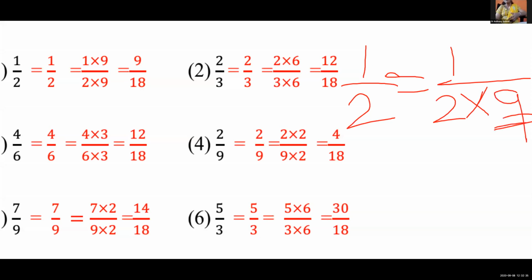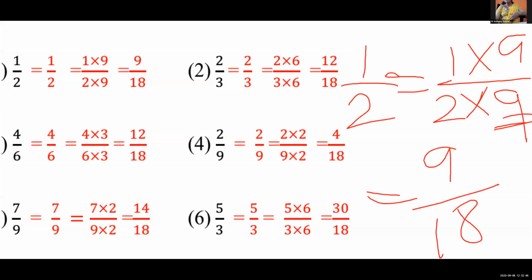In the numerator also we are multiplying by 9 only. So 1 9 is 9 and 2 9s are 18. In the final answer 9 is the numerator. It is not the denominator. Understood, Kuval?